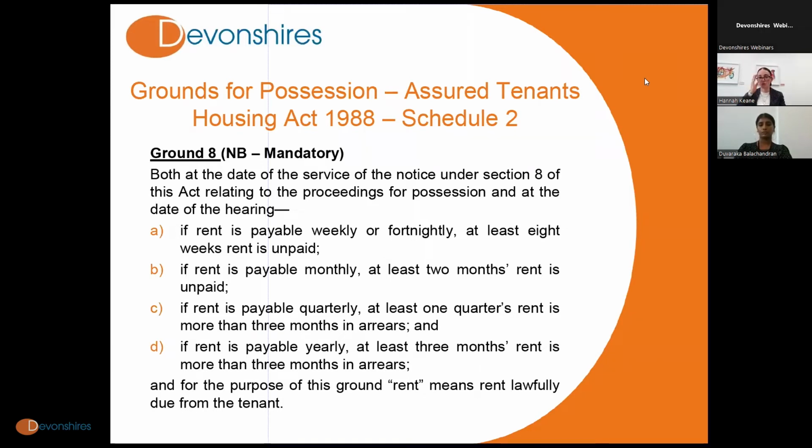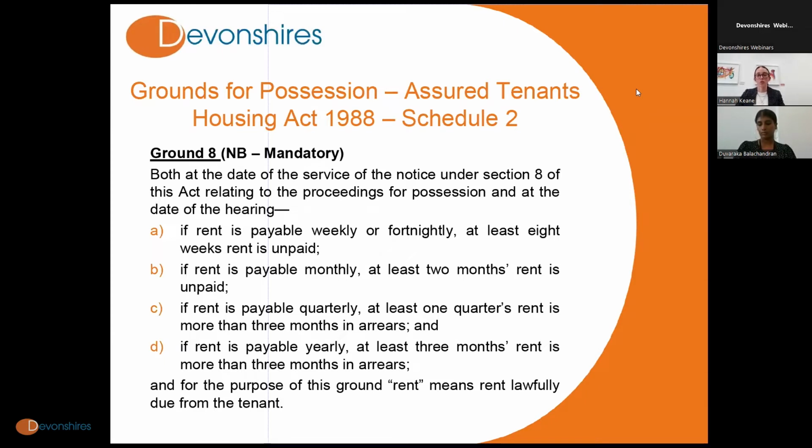As I'm sure some of you may have experienced, and you can appreciate, some tenants have a tendency to reduce these arrears in the interim or very shortly before the court hearing, which will mean that effectively your ground 8 will fall away just before the hearing. But just to talk about how many weeks or months rent need to be unpaid.